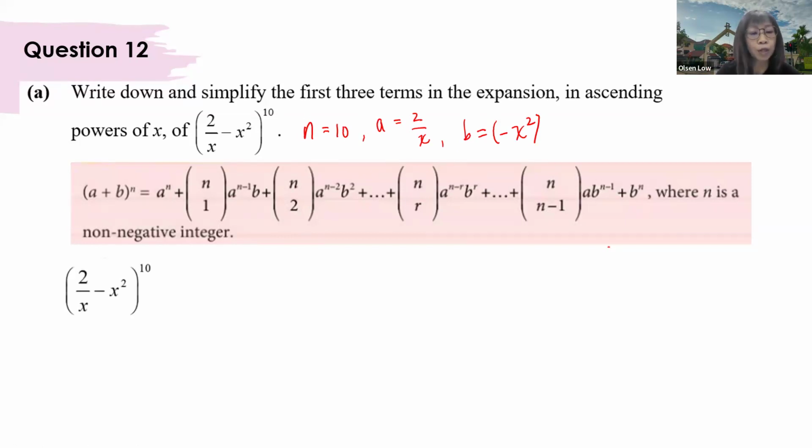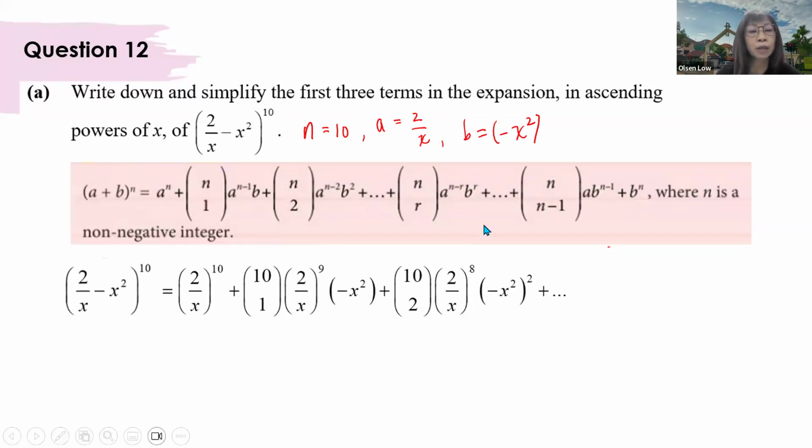So with this binomial expansion, when I sub in here, I will get 10 as n, and then 10C1, a to the power of 9, and b. The next term will be 10C2, a to the power of 8, and b squared.